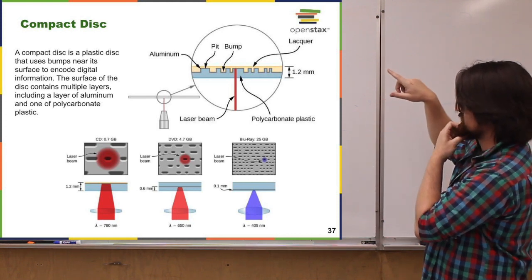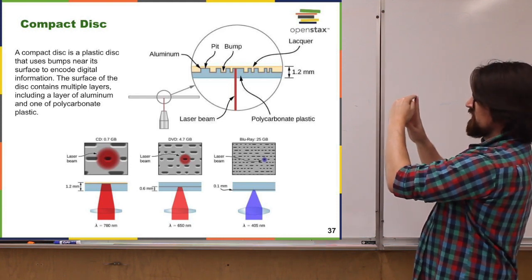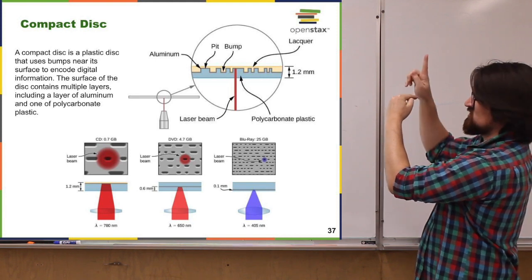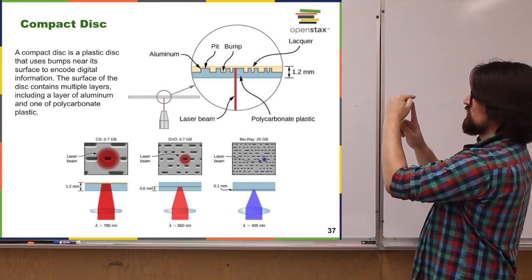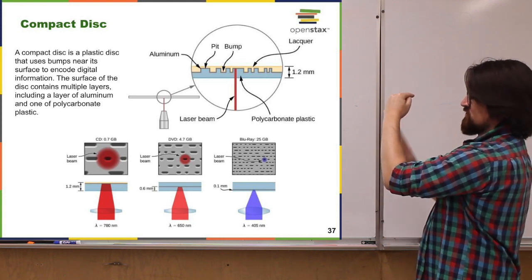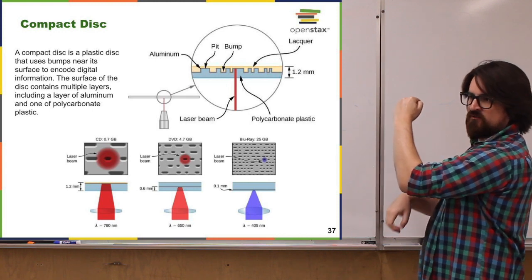And what you do is shine laser light onto that, and depending on whether it hits a bump or a pit, it's a slightly longer distance to go down to the pit and back. So you can set it up in such a way that if it hits a bump and comes back, it interferes constructively.